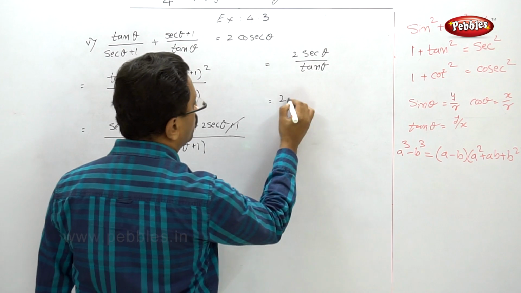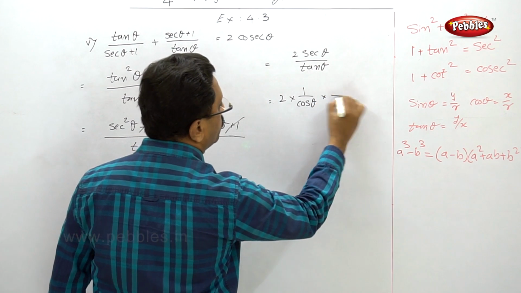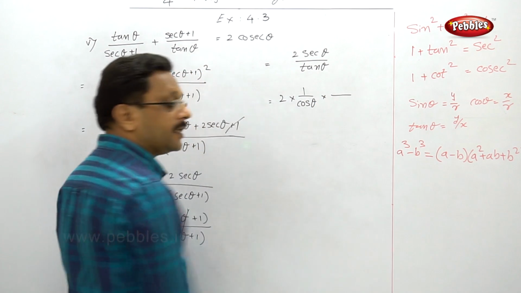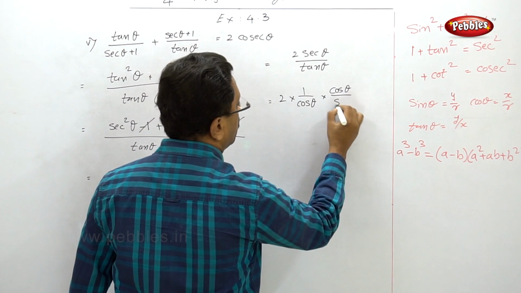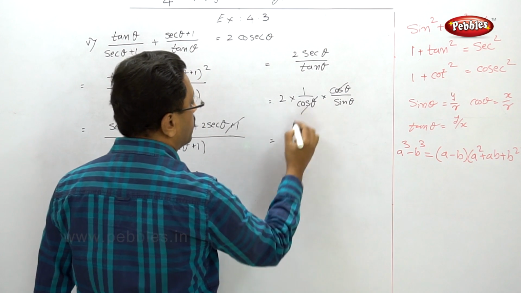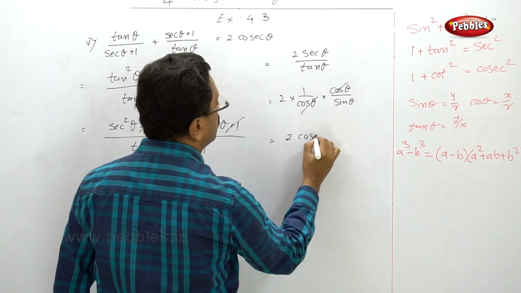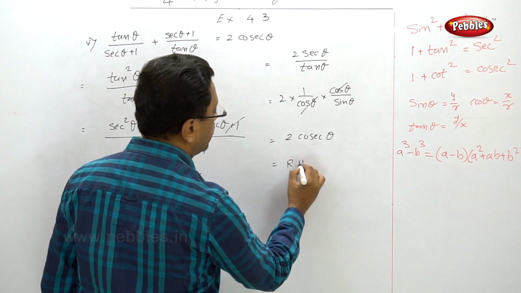So we will have 2 into 1 upon cos theta into tan is sin theta upon cos theta. Cos theta will go up. Cos theta upon sin theta. So cos will get cancelled and ultimately we have 2 cosec theta, which is equal to right hand side.